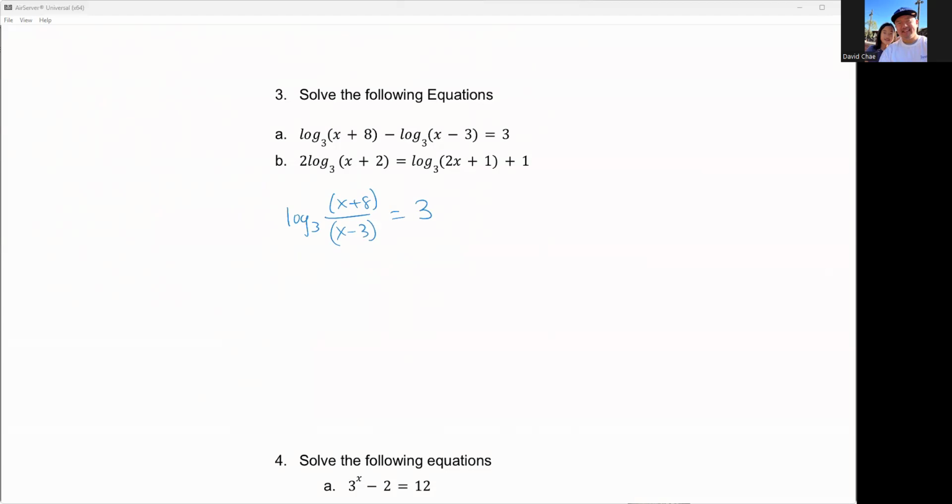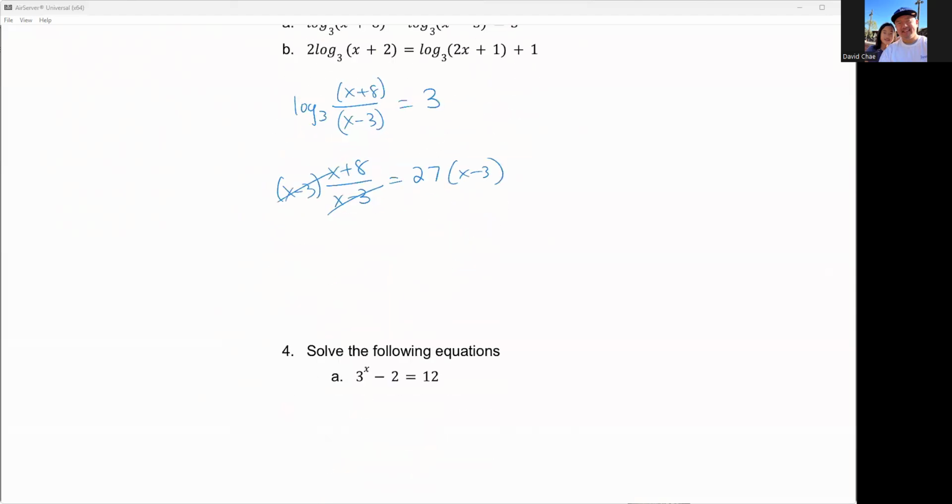It is the quotient property of logs. What's the next step? Good job, the exponential form. So it'll be x plus 8 over x minus 3 equals 3 to the third power, which is 27. And then multiply both sides by x minus 3. Cancel, cancel.